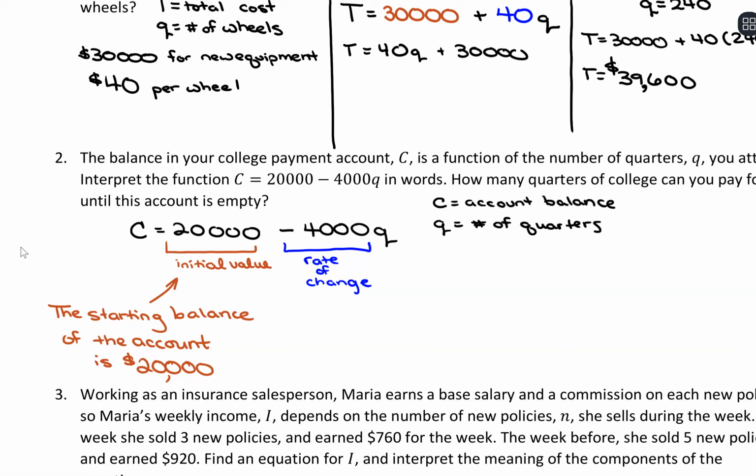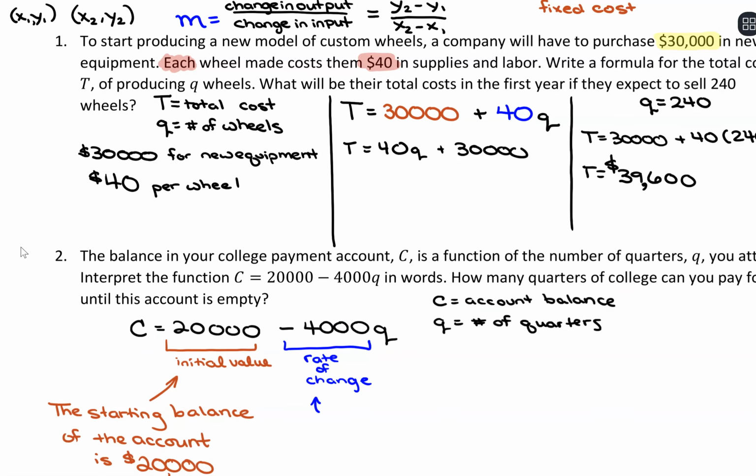All right, then we have this slope that's a negative 4,000. So with this, we have a negative number here, and the positive and negative of our slope tells us whether our output is increasing or decreasing. So in number one, what we had was this positive 40. It's because the cost was increasing by $40 per wheel.